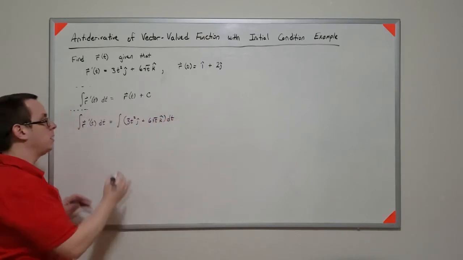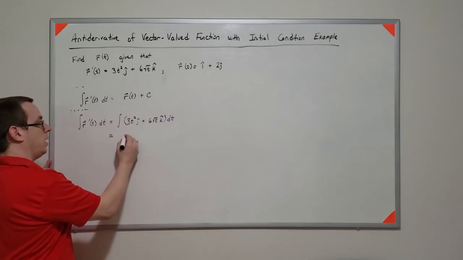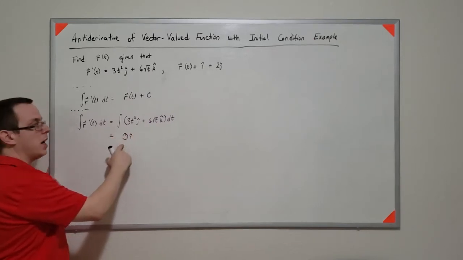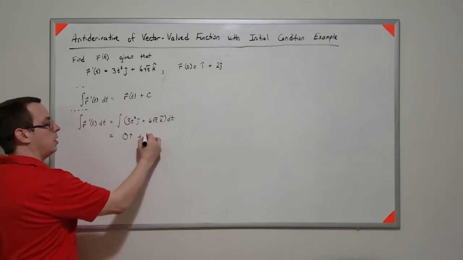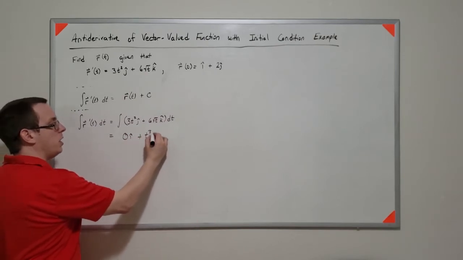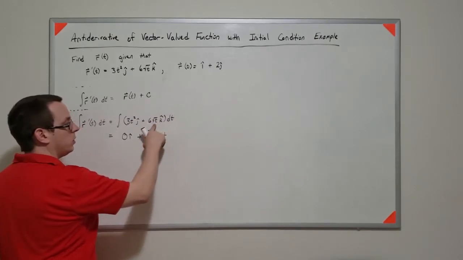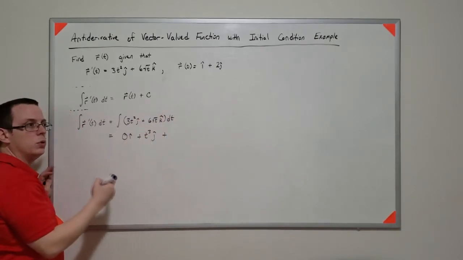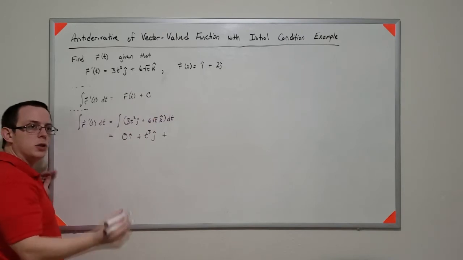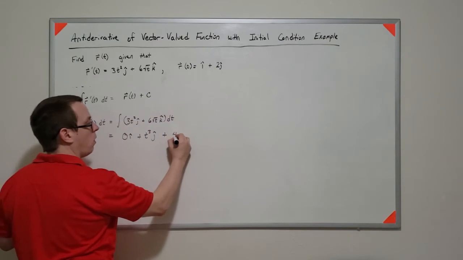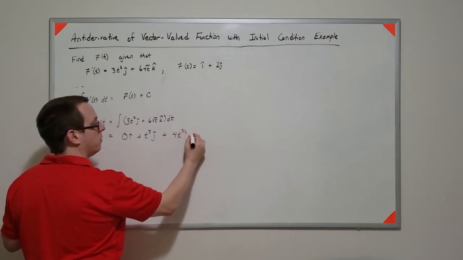then what I get is nothing in the i case, plus t cubed in the j case, plus, so that was 1/2, it goes to 3/2, so you multiply by 2/3, so you have 4t to the 3/2 in the k case.